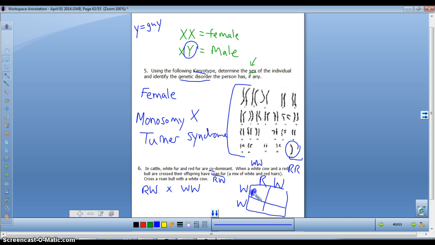Okay, so we're going to have a roan baby, a white baby, a roan baby, and a white baby. So there is a 50% chance for roan and a 50% chance for white. That's your phenotypic ratios.